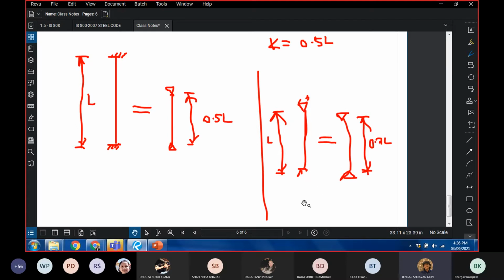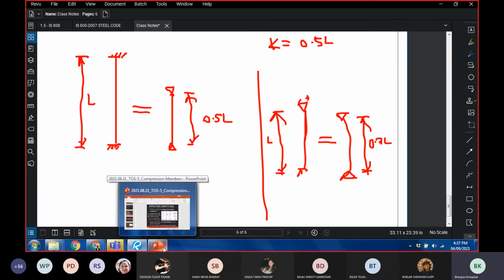Because when both ends are fixed, it only acts on half the length of the column, right? Something similar, there's an effective length and an actual length. This is similar, but I think the numbers are very different. This is just simpler because it's like a scaling, like 0.5, 0.7.